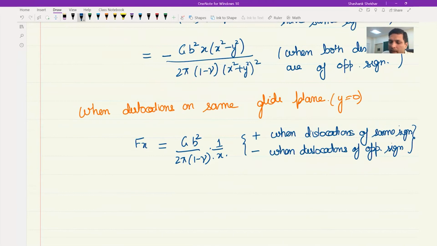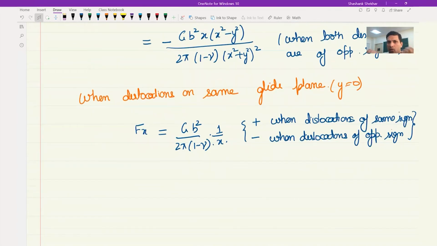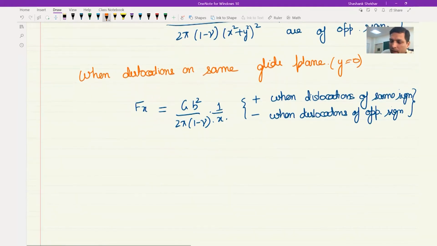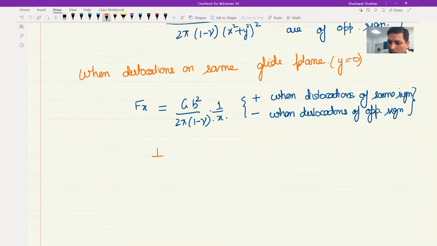Plus implies that the dislocations would try to move in opposite directions, and minus implies that the dislocations would try to move towards each other. So it would look something like this. If the dislocations are like this, then the forces acting on them would be like this, repel. Now you can see I have drawn it on the same plane.